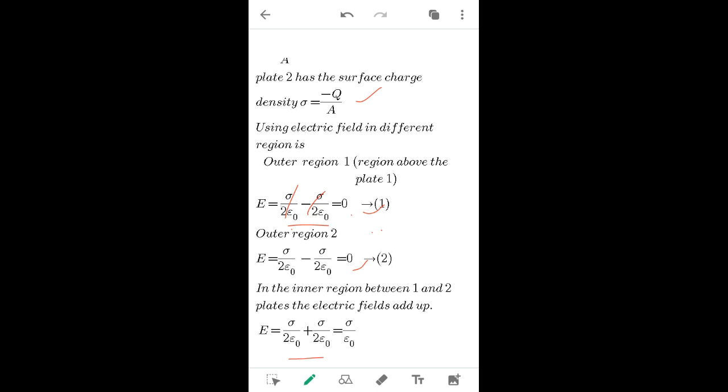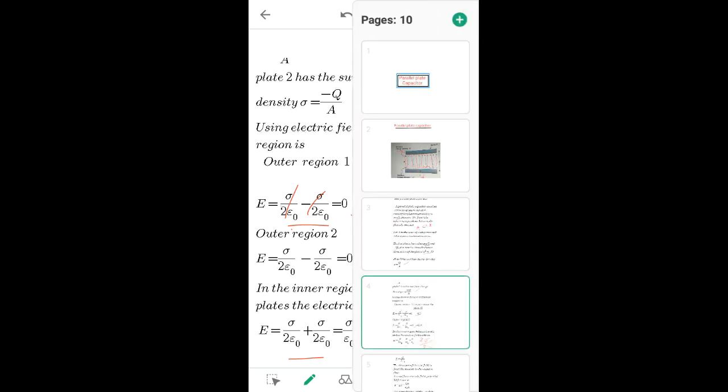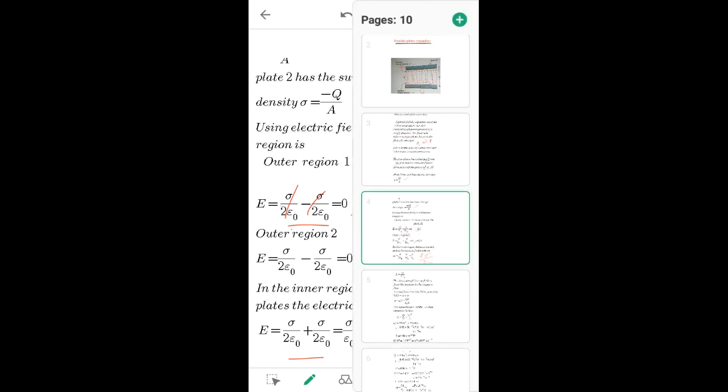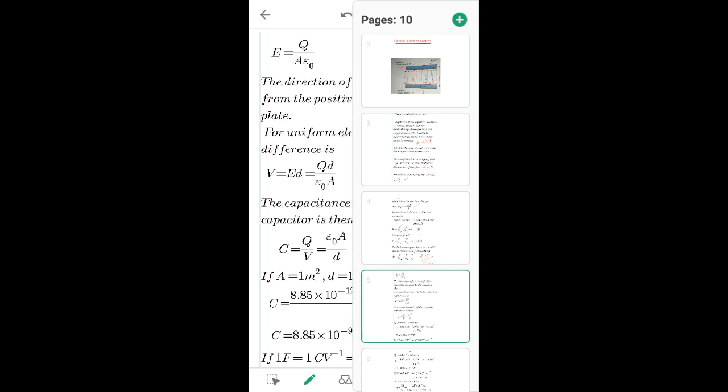Therefore what we get is 2 sigma by 2 epsilon naught. The 2 and 2 get cancelled, so it is sigma by epsilon naught.